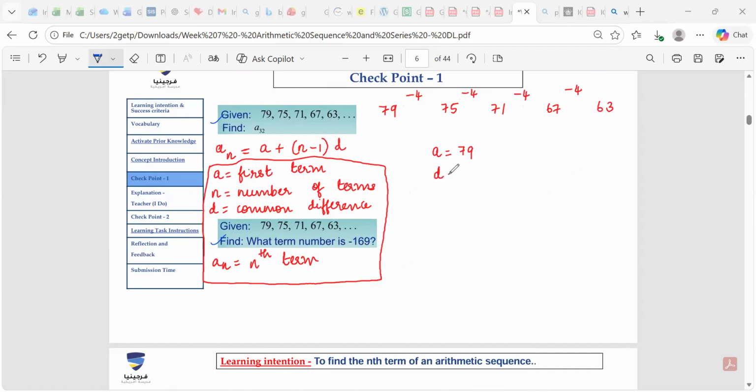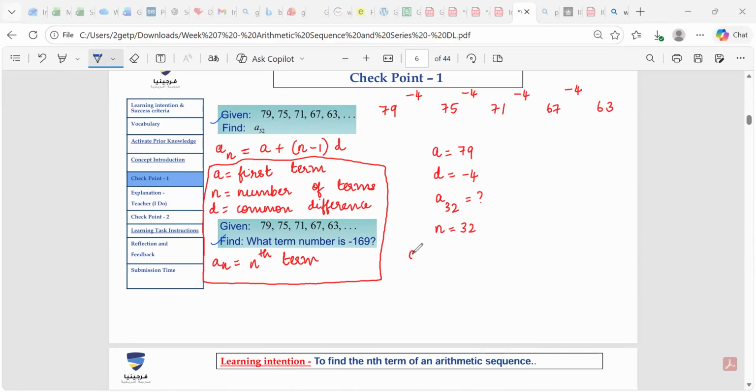Therefore, the common difference d is minus 4. Now we need to find A32. That means the 32nd term is what we need to find, which means n is 32.